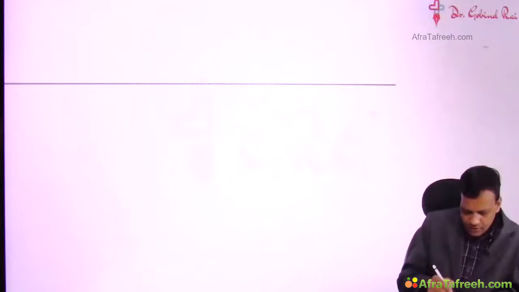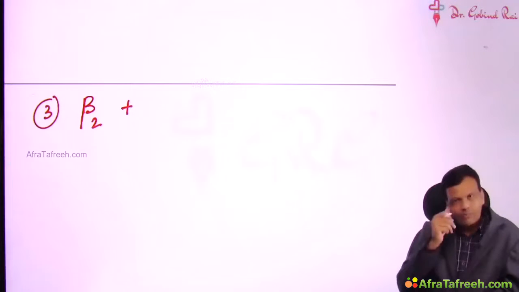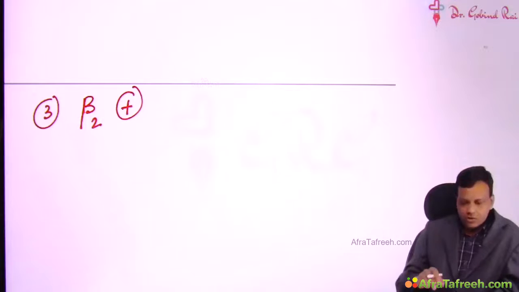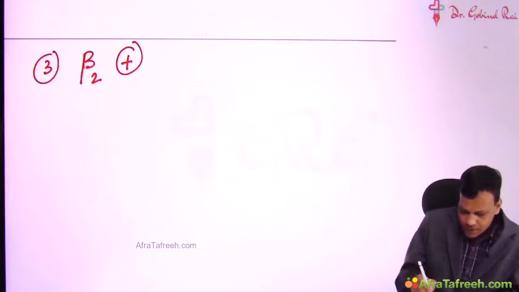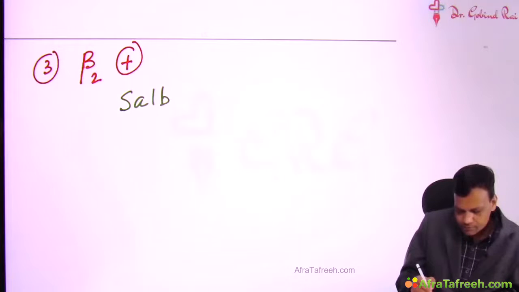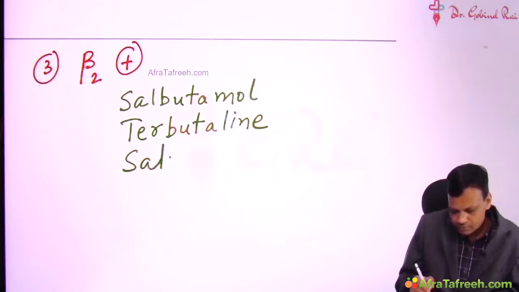Then lastly, we have drug stimulating beta-2 receptors. Remember, we do not have a non-catecholamine which acts on beta-1 receptors. So on beta-1 receptors, mainly we have catecholamines like dopamine, dobutamine like drugs. Now drug stimulating beta-2 receptors, the examples are salbutamol, terbutaline, salmeterol, and formoterol.